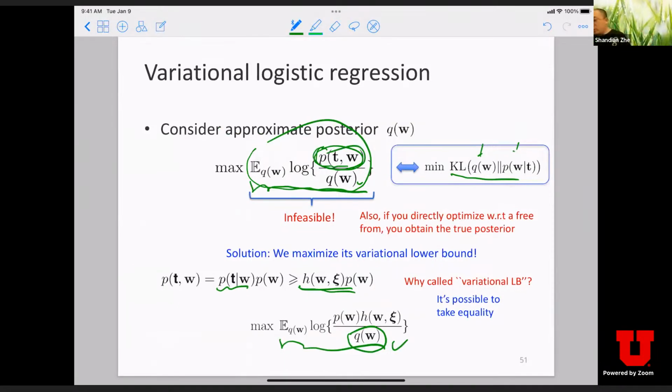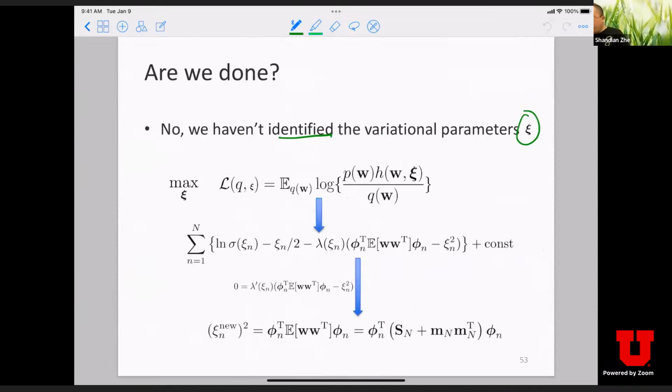So that means we also need to maximize this new lower bound with respect to the variational parameters C. If you maximize this new evidence lower bound with respect to C, and again you take the logarithm and take the expectation with respect to Q of W, you set the gradient to be 0, it will give you the optimal C given the current Q of W with the following form. Again, it is tedious, but relatively straightforward.